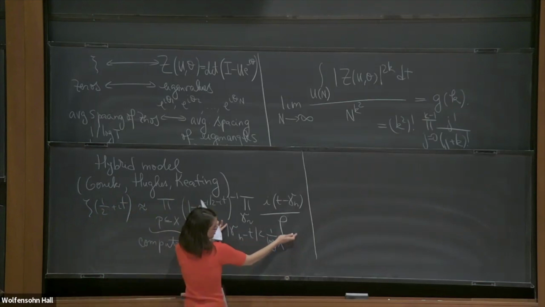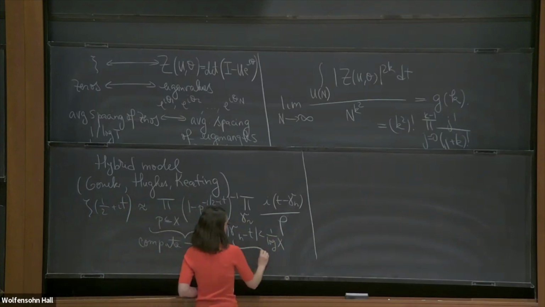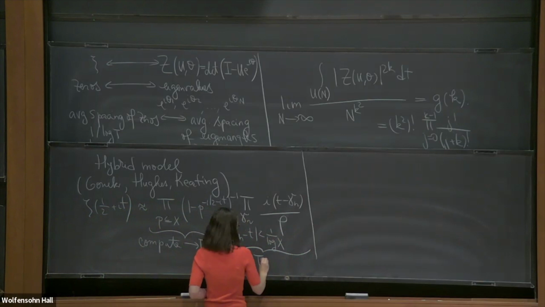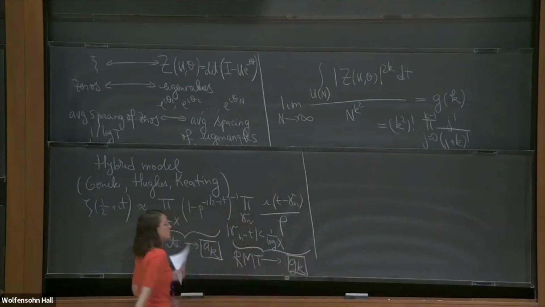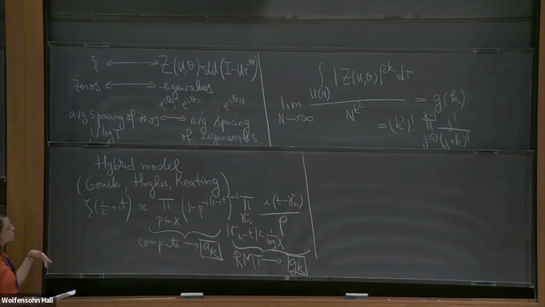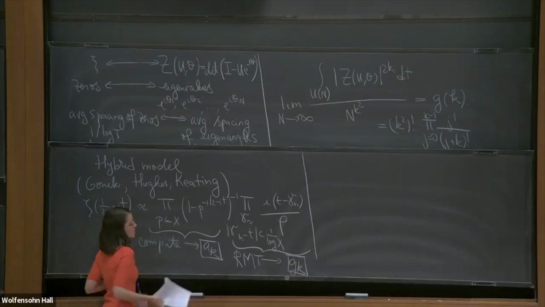For the part involving zeros, you use random matrix theory, and this gives you the GK factor. So maybe this is a bit more natural way to come to the same conclusion, and now you have a way in which you can get the AK and the GK at the same time.